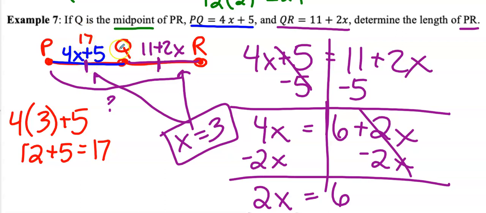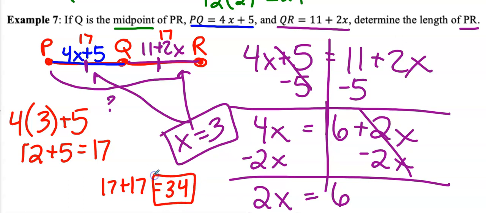Okay? So igual, they're the same. So the second part is also 17. So they're the same. So the total is going to be 17 plus 17, which equals 34. Okay?